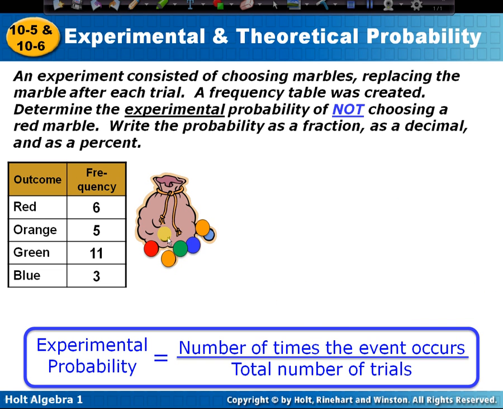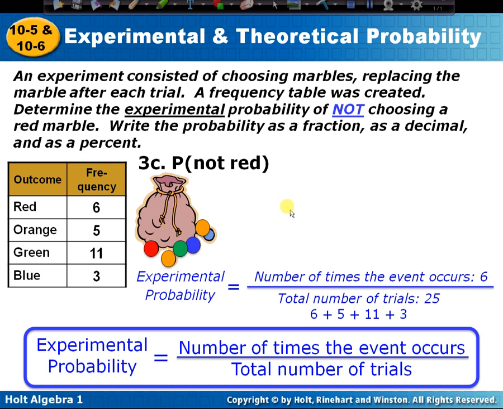Now we're going to look at the complement, the probability that something other than red, or not red, was pulled from the bag. So again, we have 25 trials according to our table that we just copied down. And the number of times the event occurs that something other than red was pulled from the bag. This is not correct down here. This 6 is incorrect. We have to add up the number of anything other than red. So we have 5 plus 11 plus 3, which is going to give us 19.